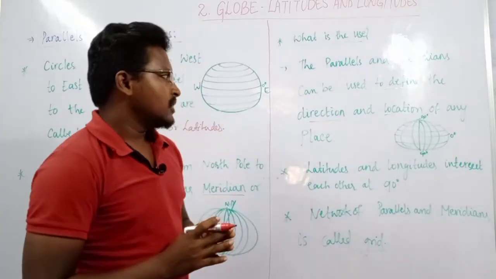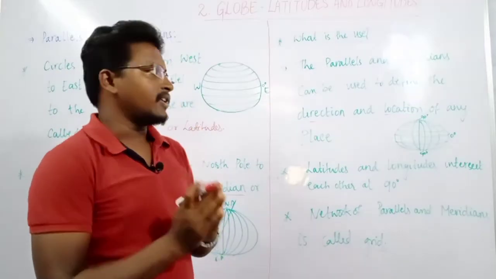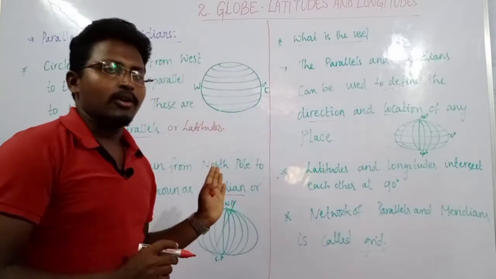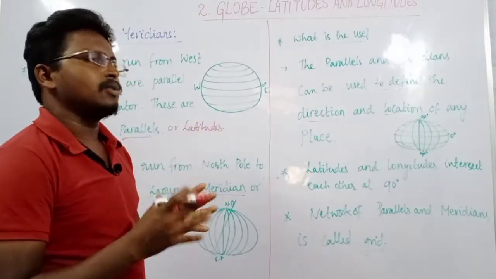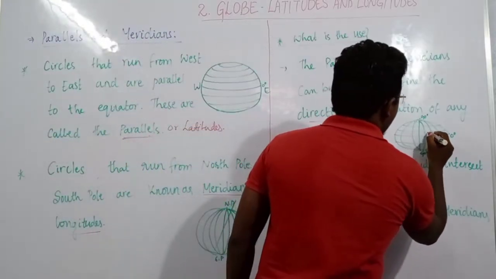For example, if you would like to visit any place, or if you want to know the exact location of any place, we will use these latitudes and longitudes to tell the location of a place. For example, India is located here somewhere.